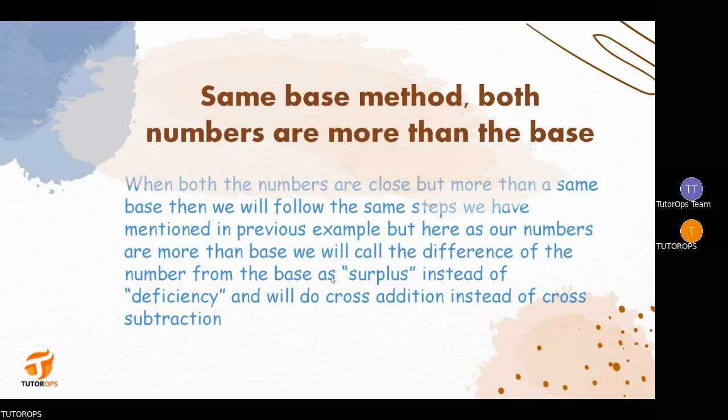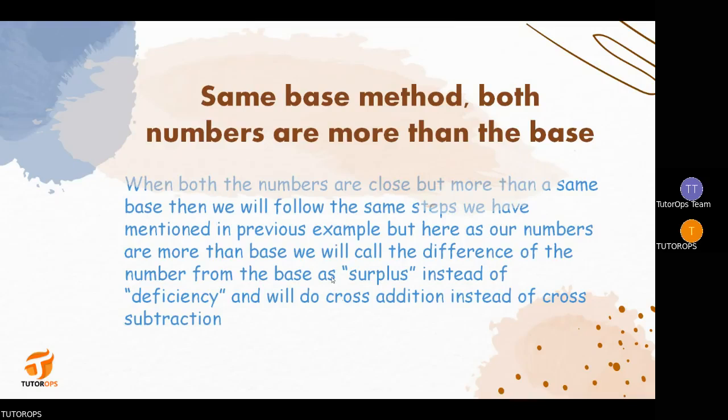Say I am taking the example of just base 10. Then the numbers above the base will be like 11, 12, 13, 14, 15. So when we are multiplying those numbers, we need to check the method when both the numbers are close to but more than the same base.